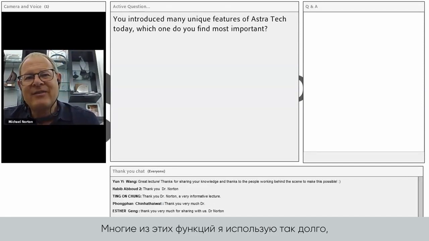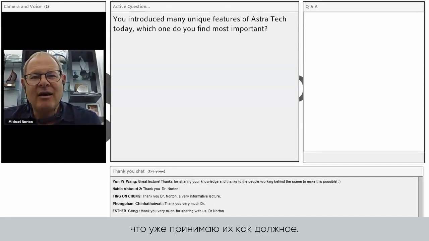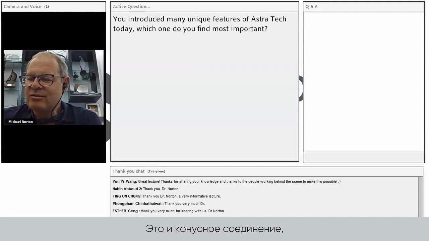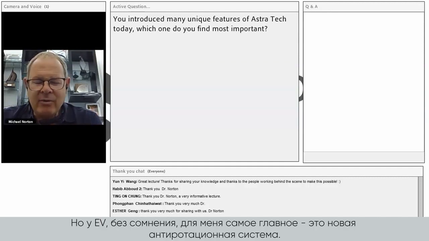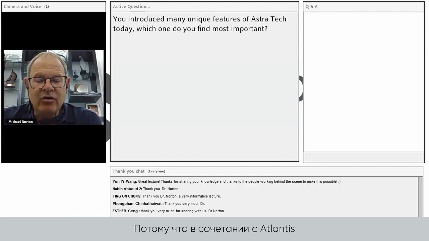Well, of course, some of these features I've been using for so long that I probably take them for granted, not least conical seal design, microthread and OsseoSpeed. But for EV, without question for me, the new index is a winner because I do so much with Atlantis.